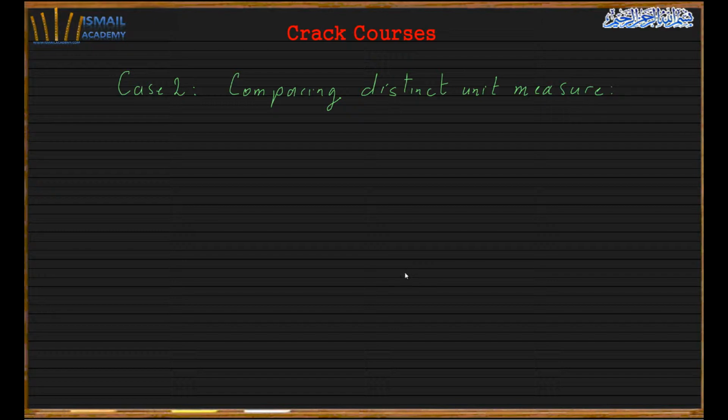So first, we need to convert one of the measures to the other one. So you choose, but I prefer always to convert the highest measure to the smallest, because it's easier. And then after that we do the concept of comparing numbers, because in that case we will have the same unit measure. So this is how we compare two distinct unit measures.